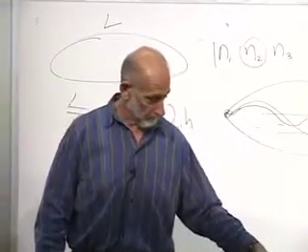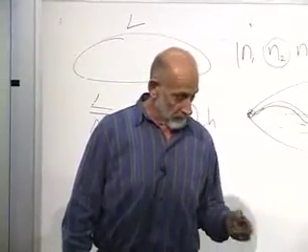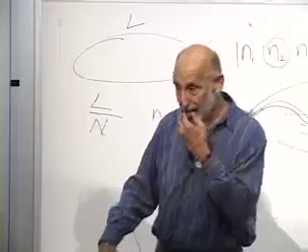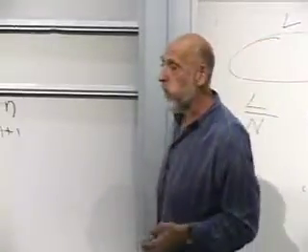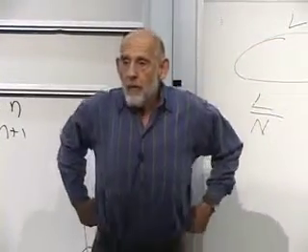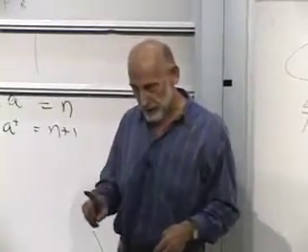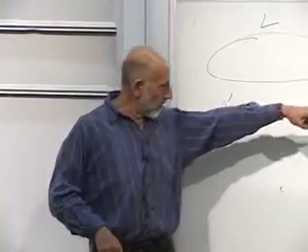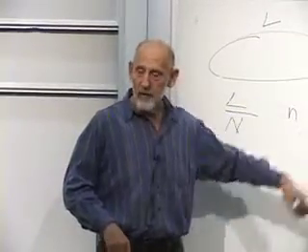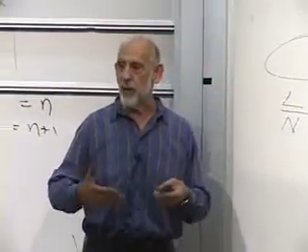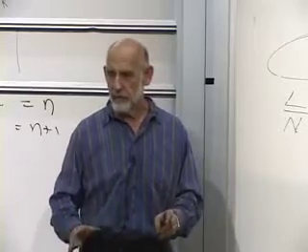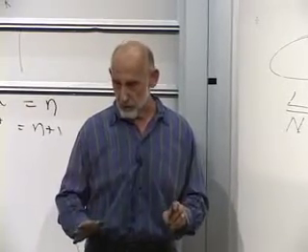Yeah, the n is used to indicate the energy level, but then it's also used to indicate the count of the number of quanta. Is that right? There are two integers going on here. One integer has to do with the number of nodes, and the other has to do with the number of quanta. I'll spell this out again. There are two distinct integers.